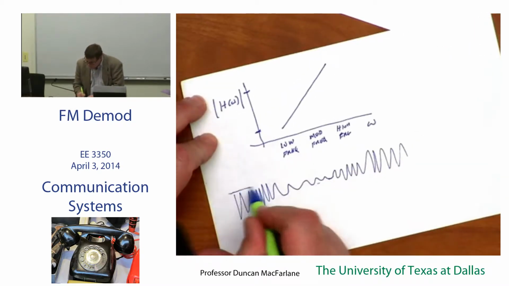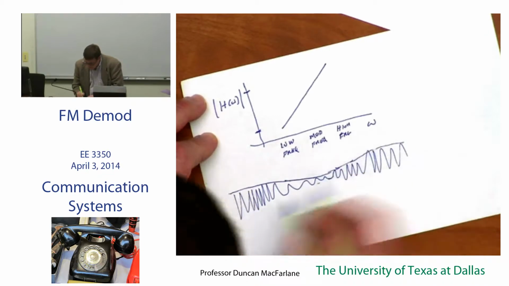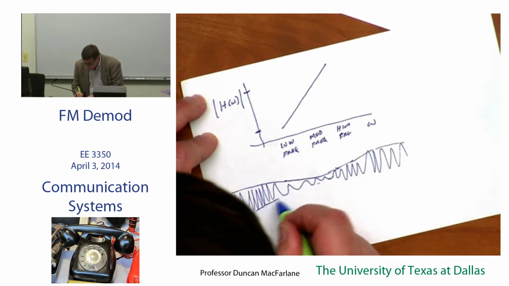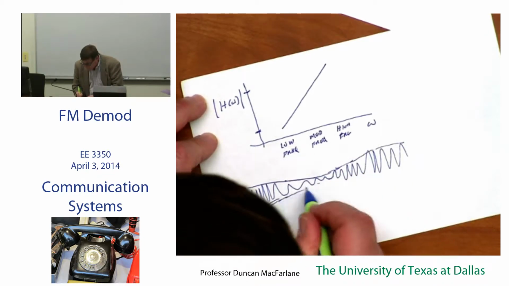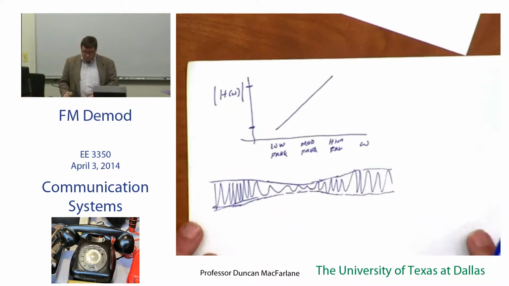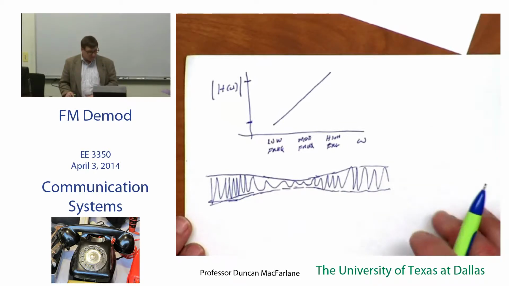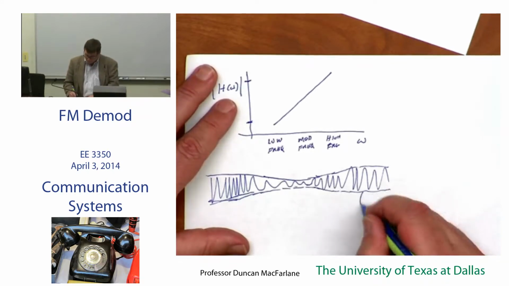And if I sketch the envelope of this, and I'm a little sloppier about sketching the envelope of this, sort of rounding things off a little bit, this guy looks here like an amplitude modulated signal. This is beginning to look like an amplitude modulated signal.